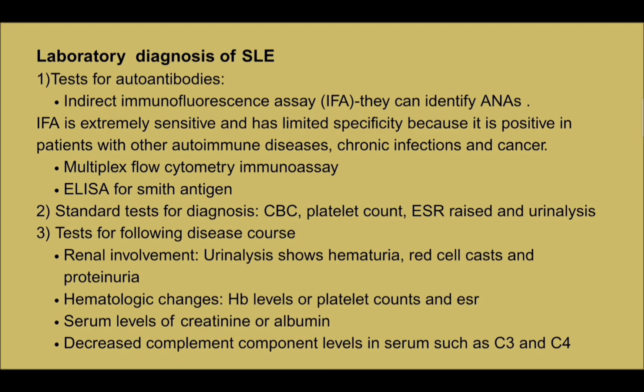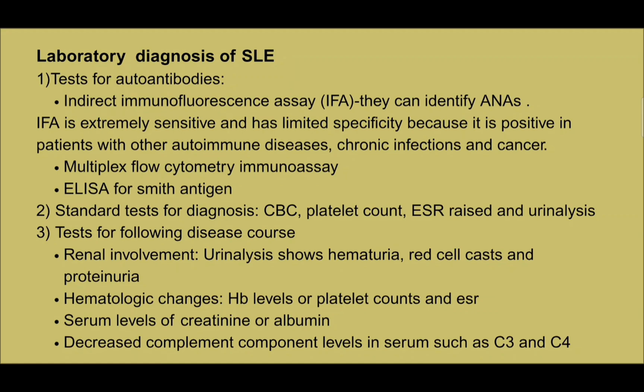Standard tests for diagnosis include complete blood count, platelet count, ESR, which is raised, and urine analysis. Tests for following the disease course. These tests indicate the status of organ involvement known to be present during SLE flares. Renal involvement: urinalysis may show hematuria, red cell casts, proteinuria, or nephrotic syndrome.